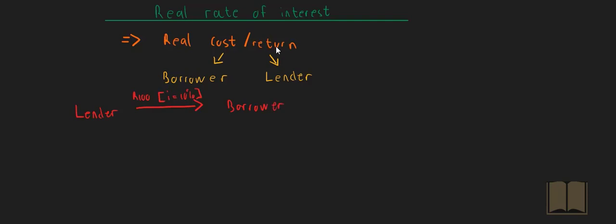Now let's say during the period of this loan, there are three different scenarios. There's scenario 1 where the inflation rate is 10%. There's scenario 2 where the inflation rate is 7%. And scenario 3 where the inflation rate is 12%.